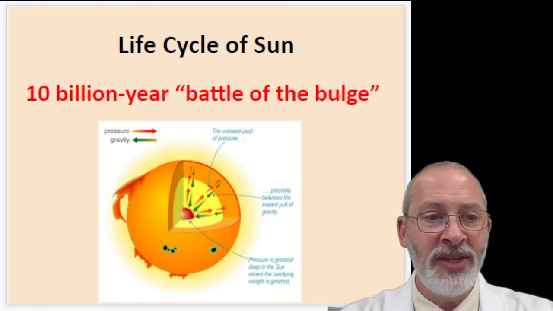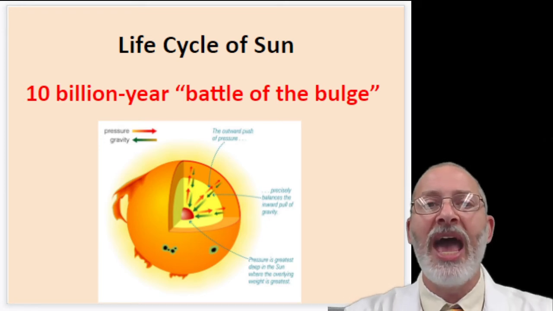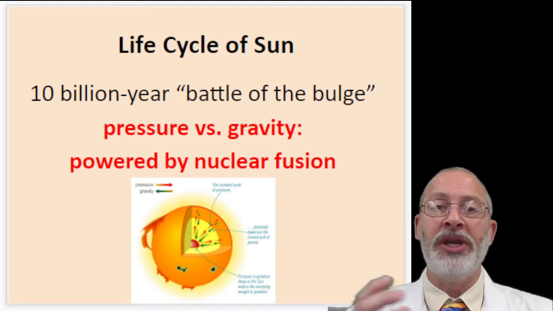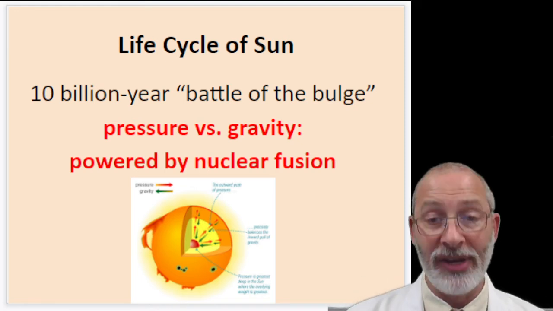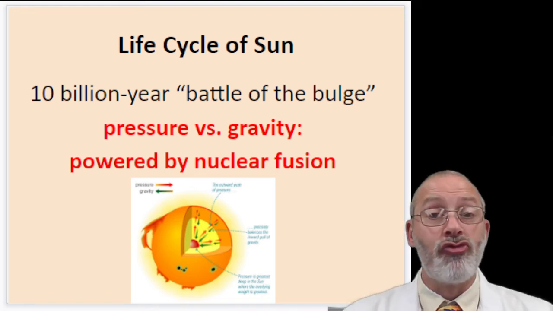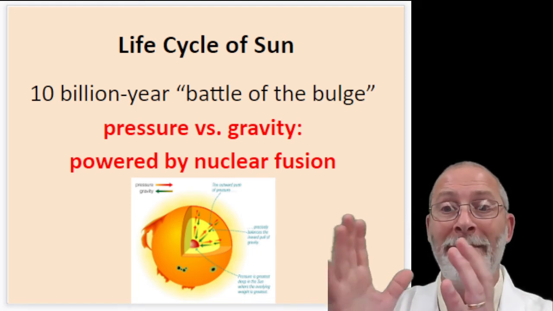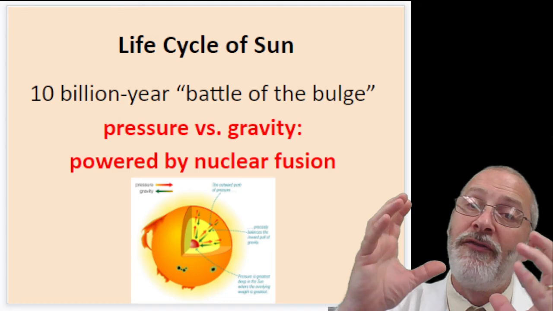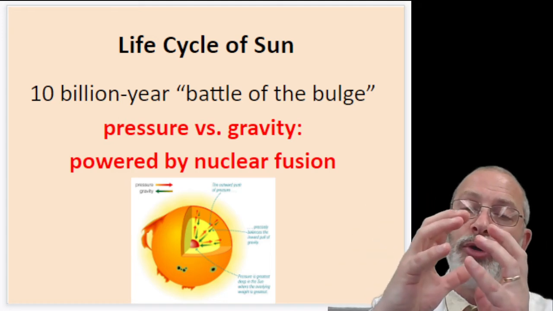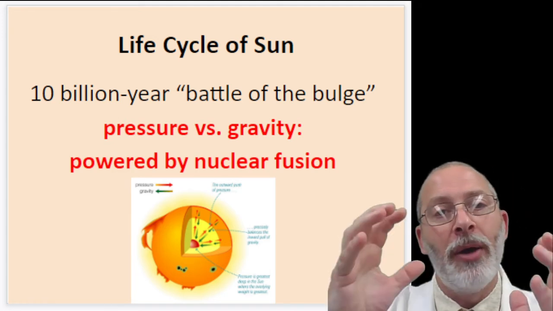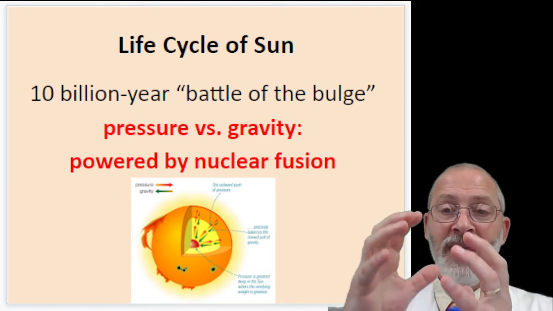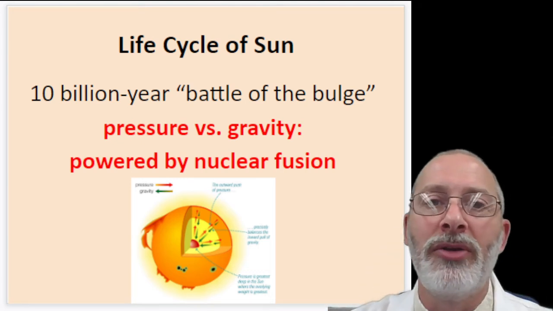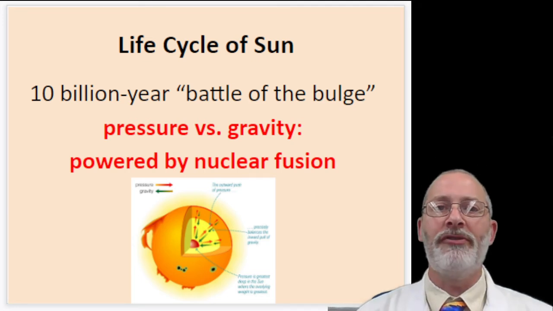There are these constant forces at work with any star, our sun included, between pressure and gravity. You see, gravity, because of the mass of our sun, has so much mass, the force of gravity is pulling it in. But as we've talked before, that massive force of gravity pulling all of the particles in is what ignites that nuclear fusion.